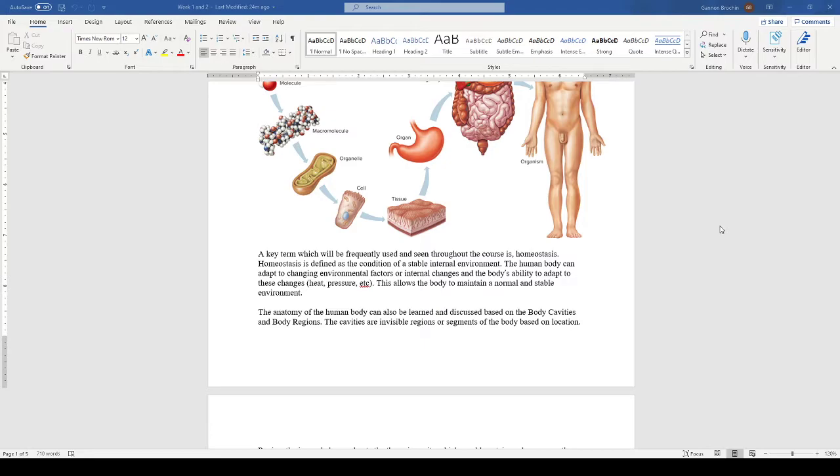Everything within the body is influenced by homeostasis, and there are various ways that homeostasis is actually controlled. And it also allows the body to both quickly and strongly react to changing external conditions that affect the internal bodily conditions.